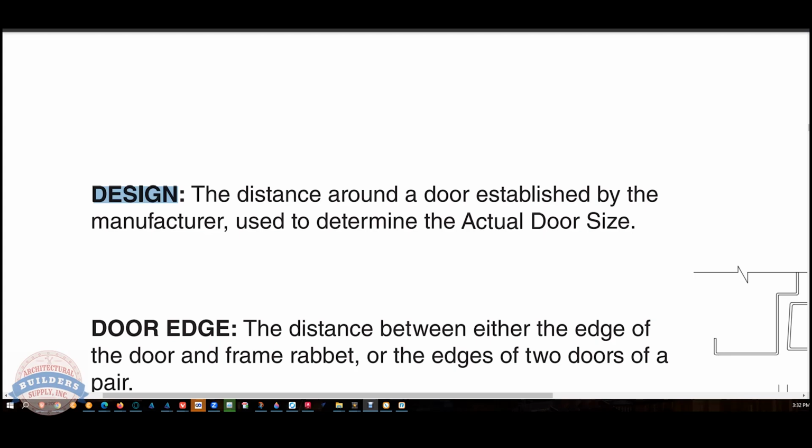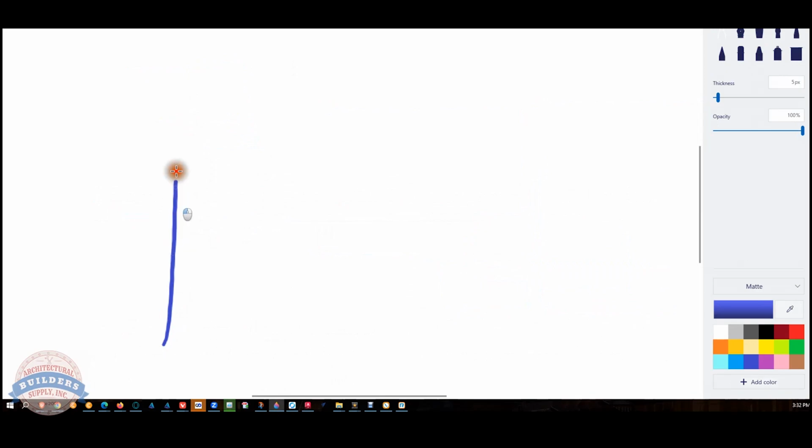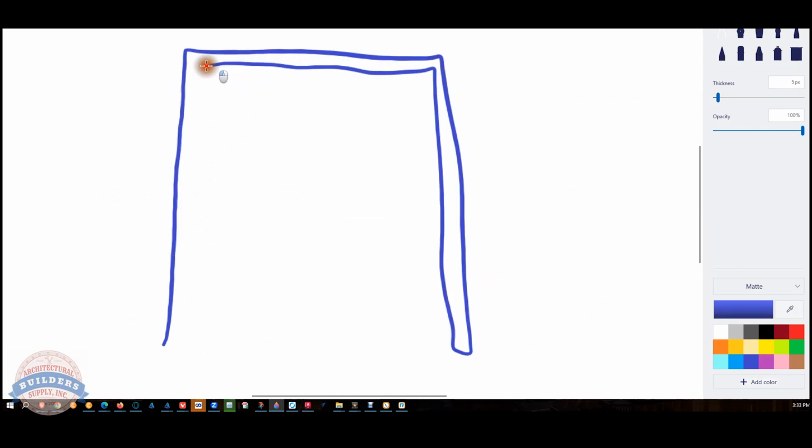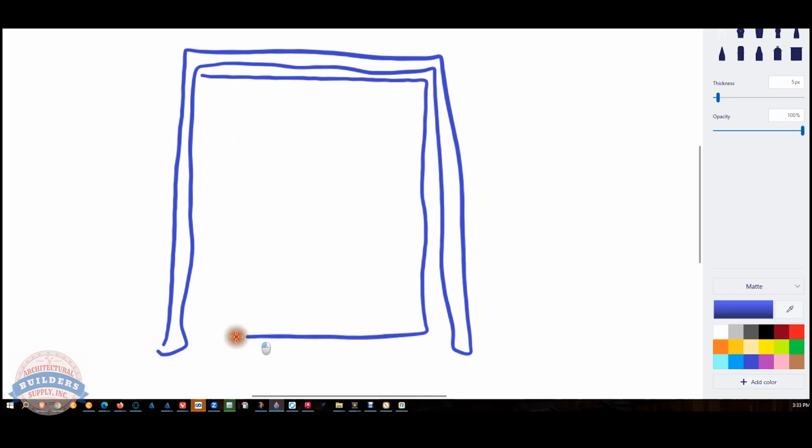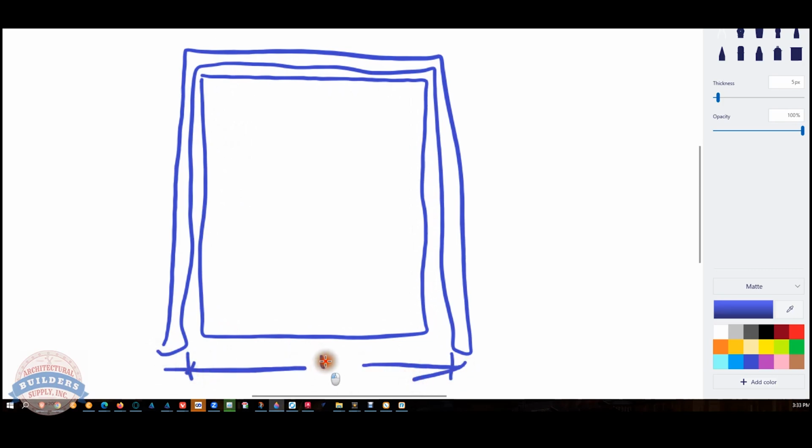So you've got to have a little bit of room or distance around a door established by the manufacturer used to determine the actual door size. So what we're talking about here is, let's say this is a 4-foot 4070. When I put my door in here, there's always going to be the inside dimension of the frame. That's going to be your width.